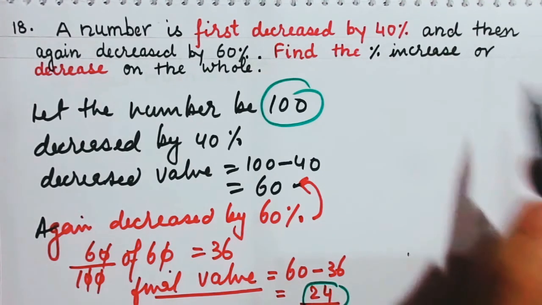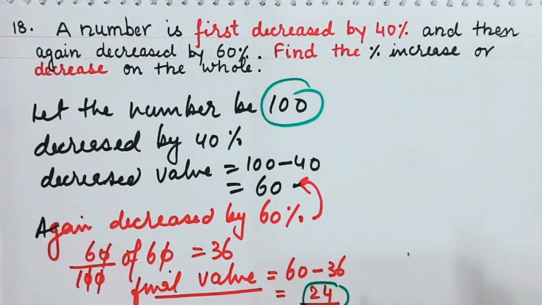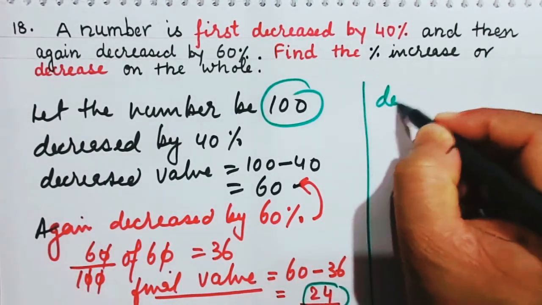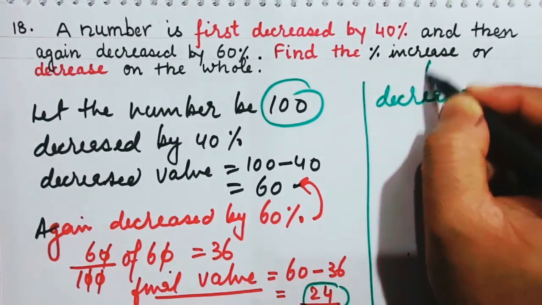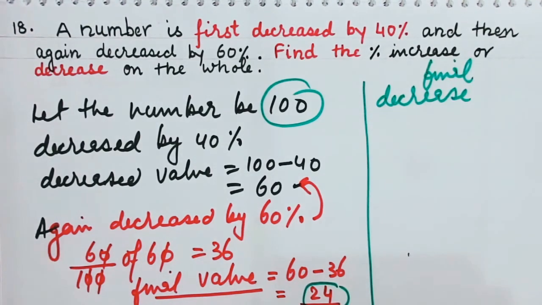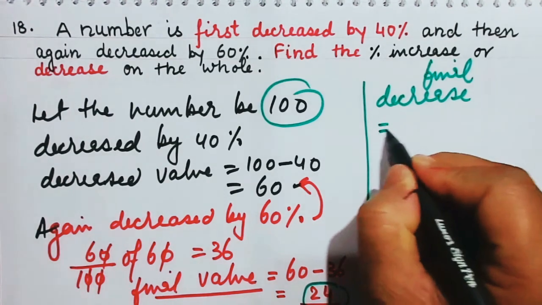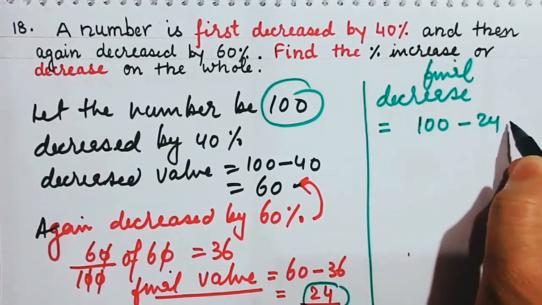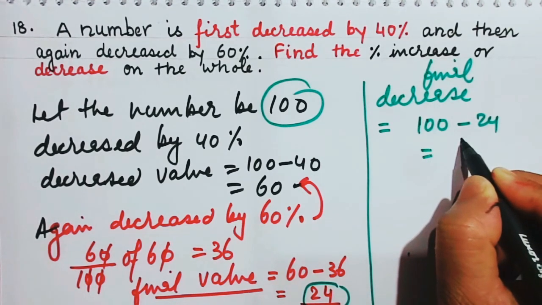So find the percentage increase or decrease on the whole. You people only judge what the final decrease is. Final decrease was 100 minus 24.